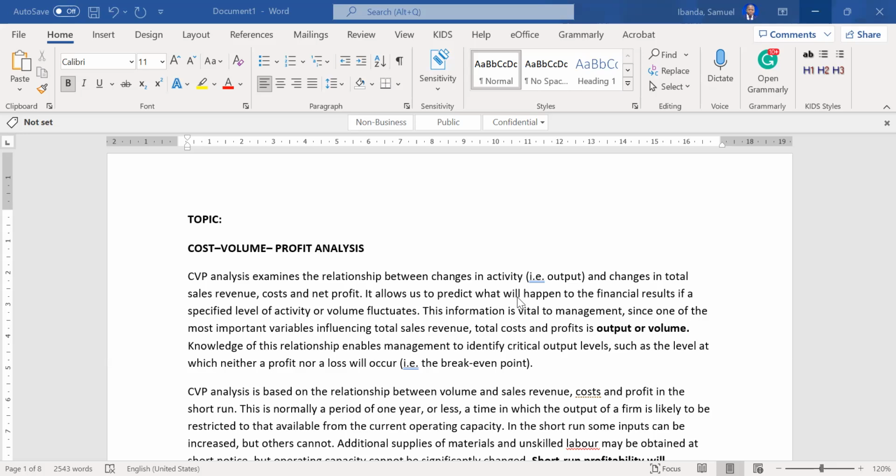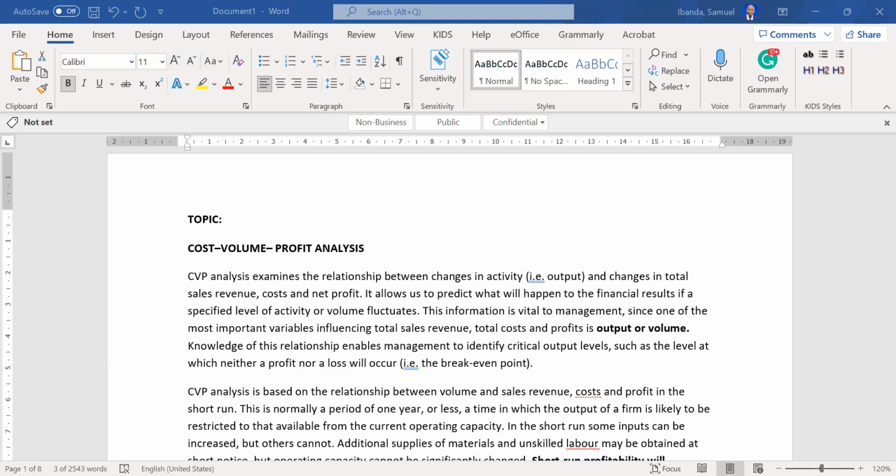So as you can see, CVP is cost, volume, profit. We have three elements here: cost, volume, and profit. Now, these are basically common terms that you have interfaced as an individual, but there is more to them.